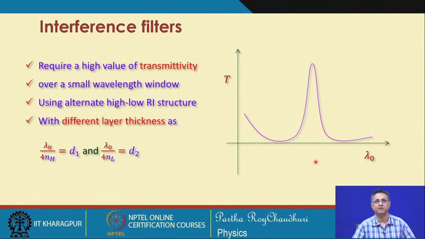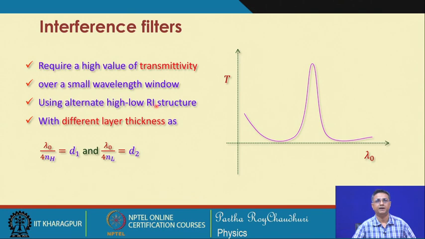That means you have a strong transmission at a wavelength around this point, which is used for passing a small wavelength window in many experiments and applications. So, when we require a device with a high value of transmittivity over a small wavelength window, we use this system, which is called an interference filter.